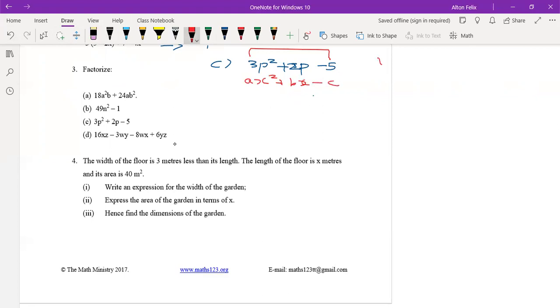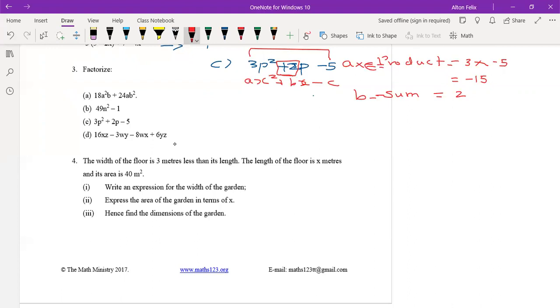So you want two numbers whose product, when you multiply them, is a, which is 3, multiplied by c, which is minus 5, which is minus 15. And then those same two numbers must add up to the b here, which is 2. Right? So the sum must be b, and the product must be a by c.